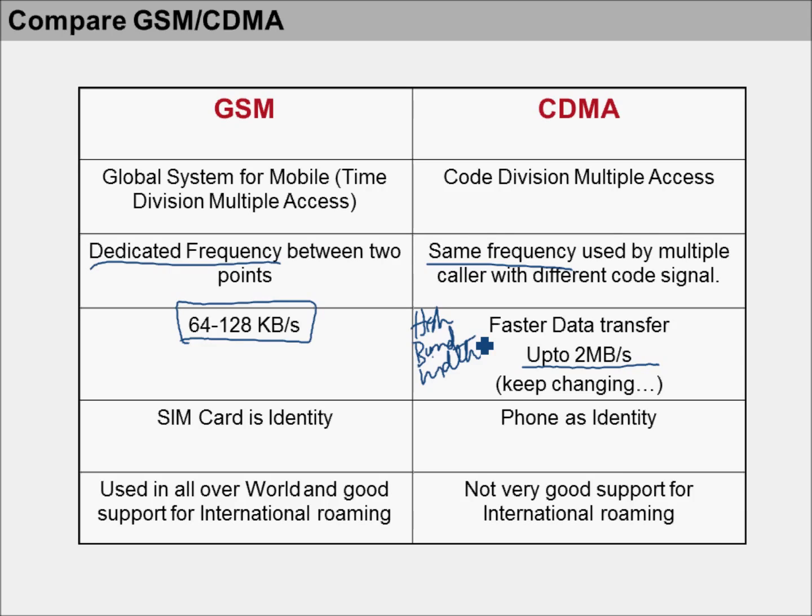Or if you want to change the phone number, you have to get a different mobile handset and then use it. Recently, although CDMA has also understood this problem and came up with the concept of SIM. So now the SIM card is also used here.